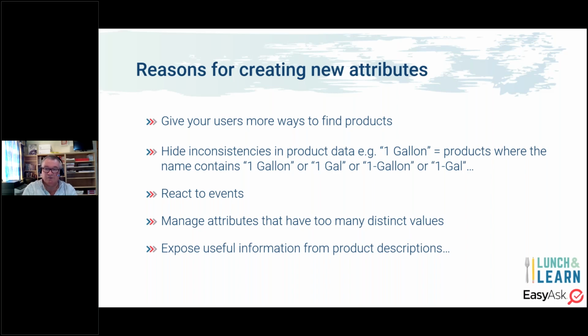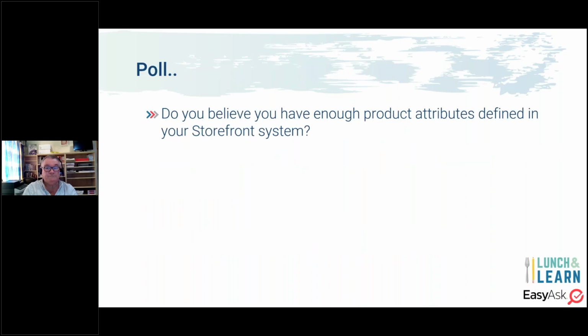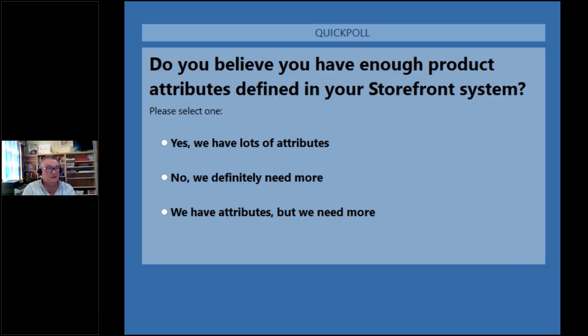Before we go any further, we do have a quick poll question. So Matt, I think if you can activate that poll and give our attendees a few seconds to give a response. Is that showing? Oh yeah, poll is open. Good. So, do you believe that you have enough product attributes to find in your storefront system?